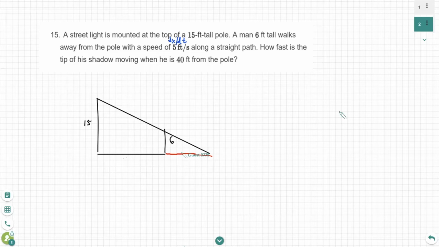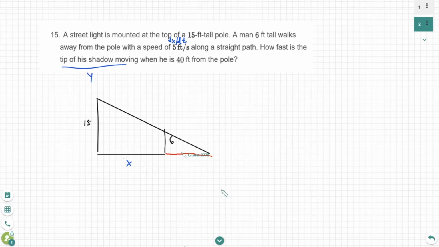It's how fast he's walking away. So that means it should just be the distance between the man and the lamppost. Because this should be the variable, the tip of the shadow. That should be y.